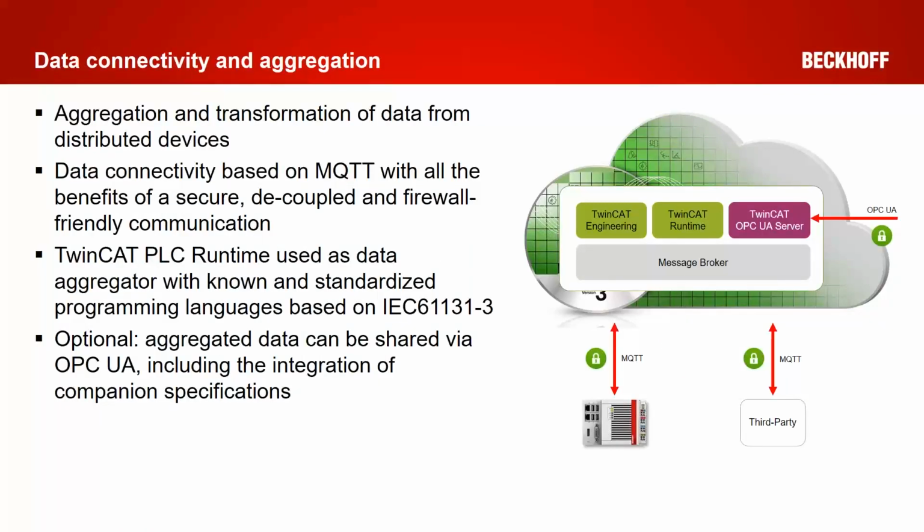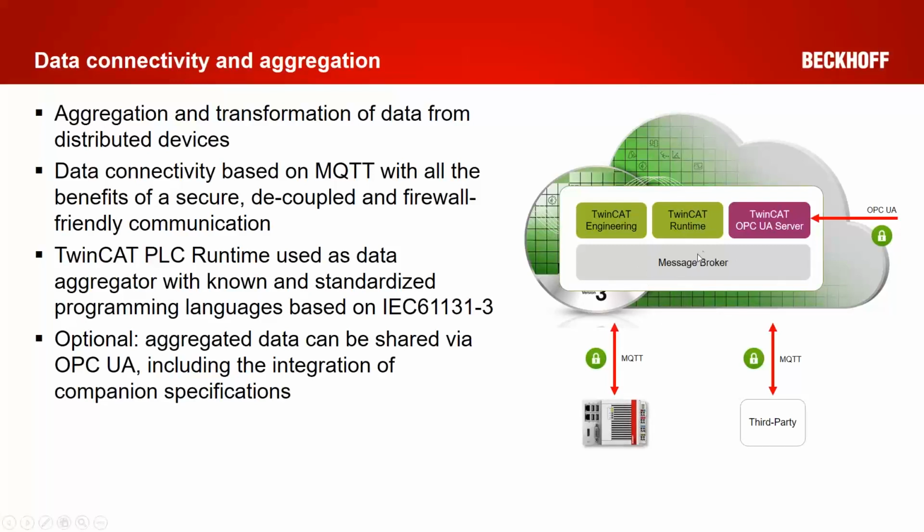So another scenario is the data connectivity and aggregation scenario, where you can use TwinCAT Cloud Engineering. So for example, if you want to aggregate or collect data from different controllers all around the globe, maybe from a Beckhoff controller, maybe from third-party devices, you can have those devices send data to the message broker that's integrated into the Cloud Engineering instance.